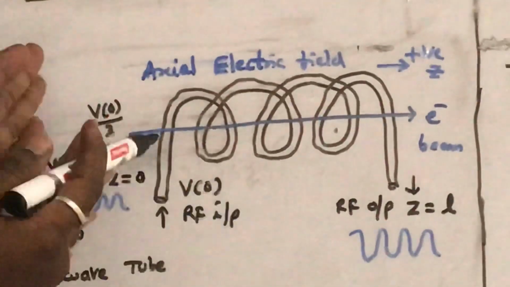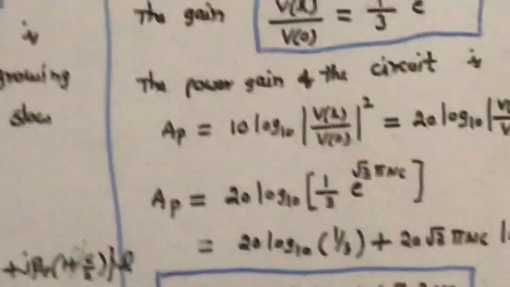Because of this amplitude splitting, this loss of minus 9.54 dB comes.